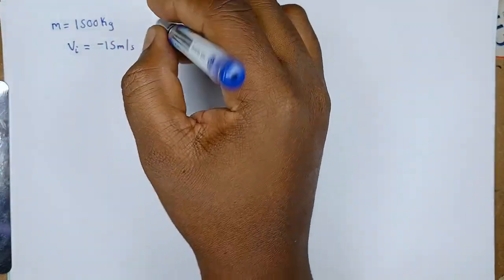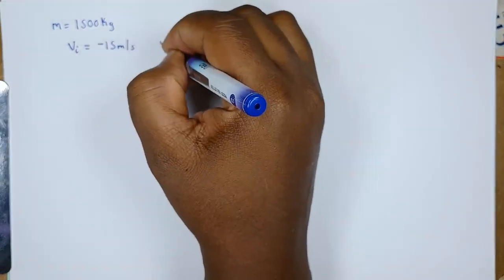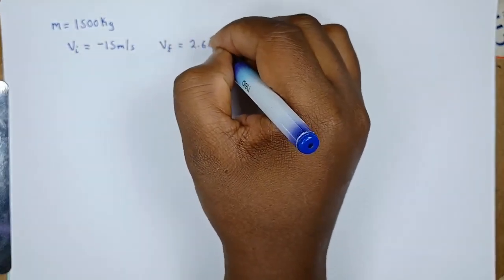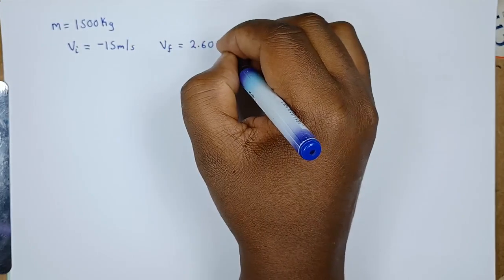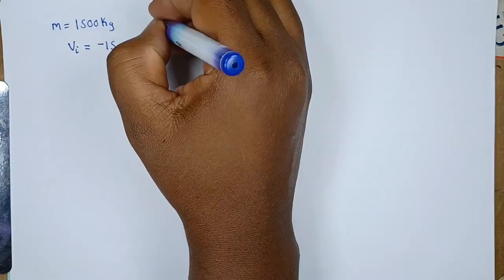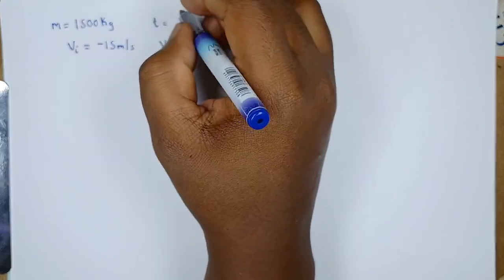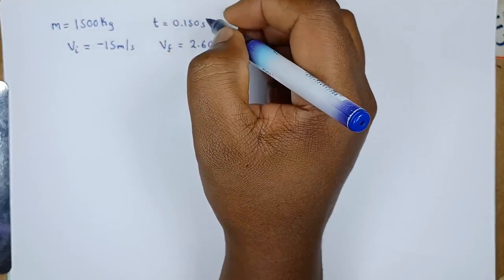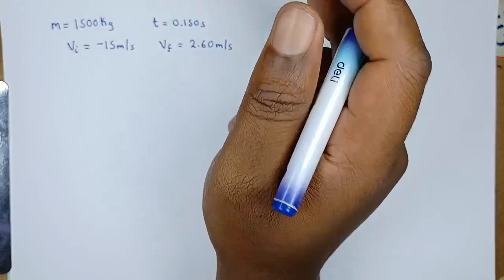The final velocity, V final, is 2.60 meters per second. What else do we have? We've been given the time. Time in this case is 0.150 seconds. So what we're looking for, first of all, is the impulse.